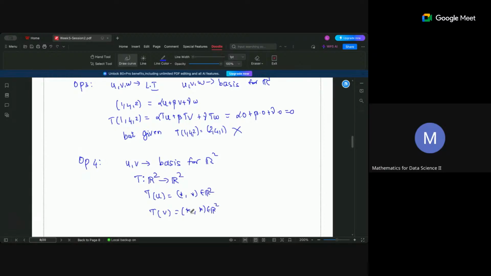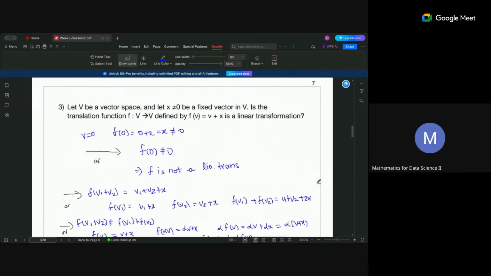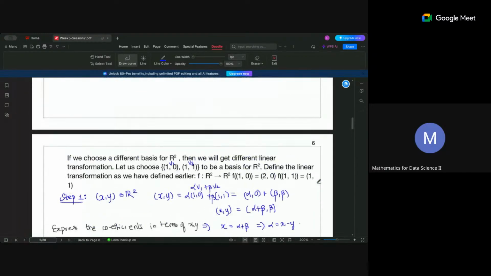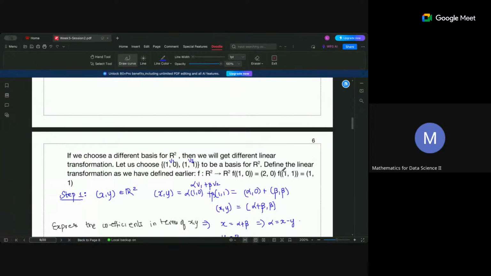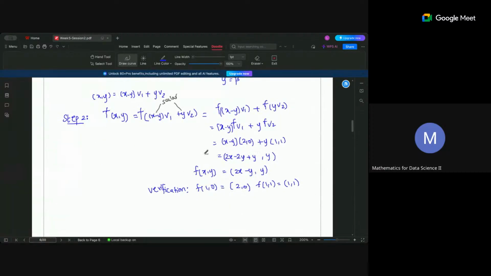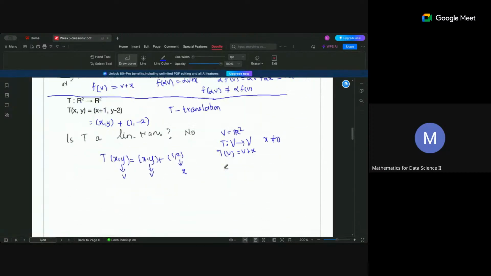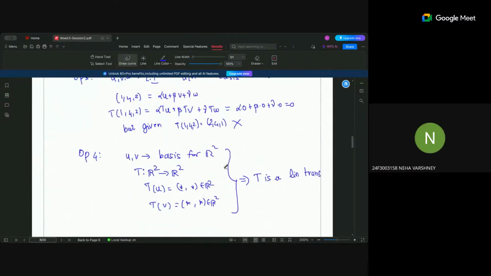The stars are just some real numbers, just some vectors from R2. Then this condition will tell you that T is a linear transformation. Why? Because that is what we saw: if you have a basis, and you know the images of the basis elements, then you can find a linear transformation satisfying the condition. Got it?